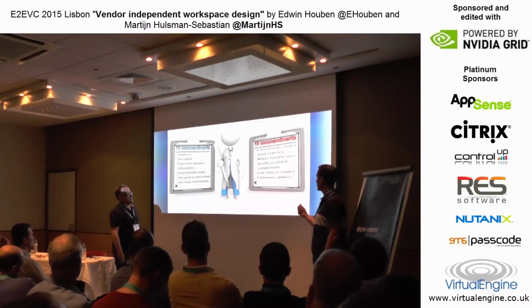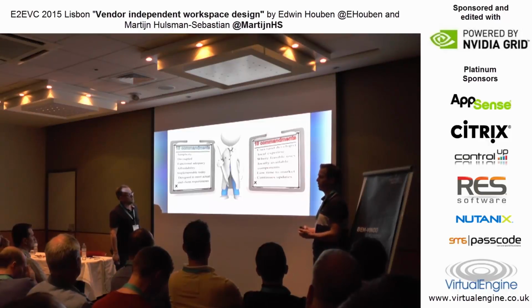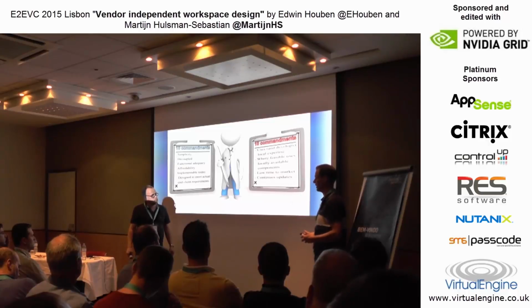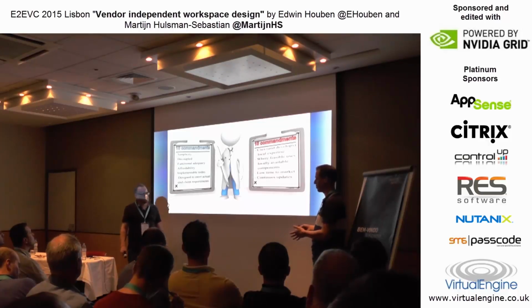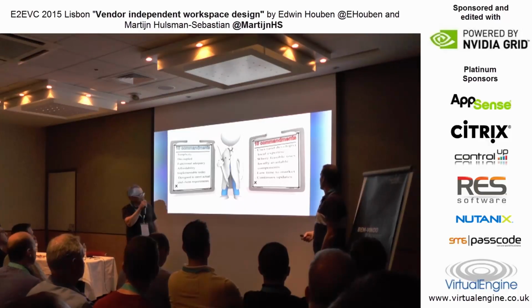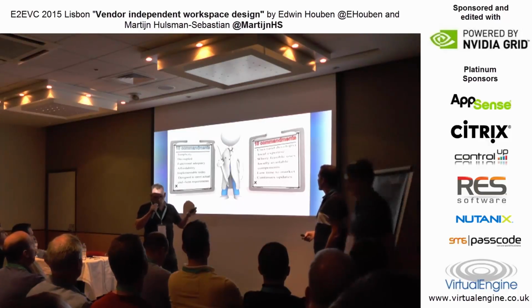Next one, uses local expertise. The organization had certain expertise available, so where possible, reuse or build on that expertise, because it keeps them in a comfort zone, and then it's less of a risk for the project. The other one was where feasible, use locally available components.